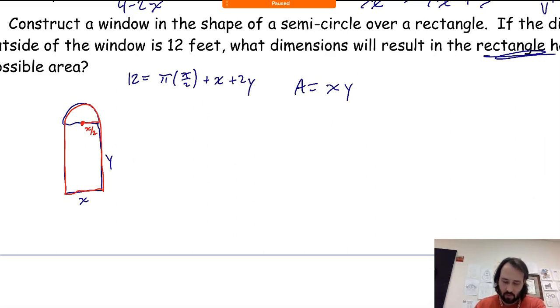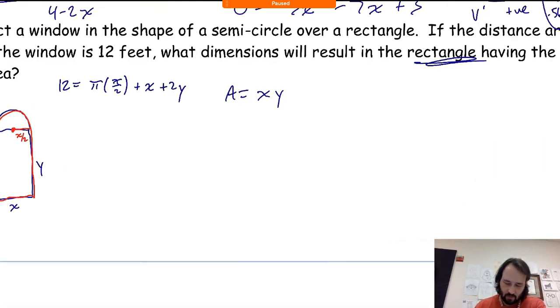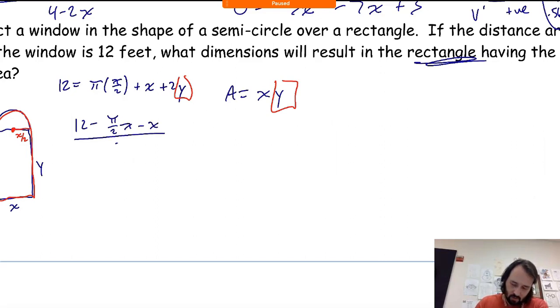That would be my perimeter, essentially. So I have two equations. One of them relates x to y. I'm going to substitute in for y, so I need to solve for that one. So I'd have 12 minus pi over 2 x minus x, all divided by 2, equals y.